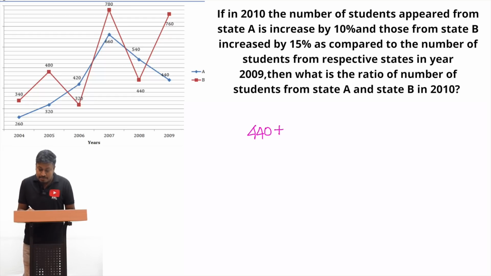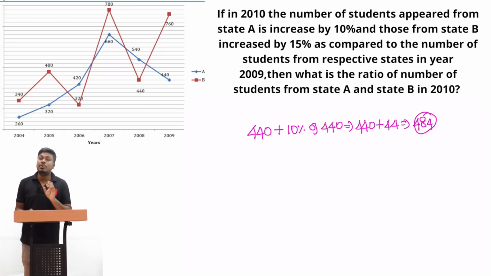Out of this, how much percentage increase? 10%. So 10% of 440 is 44. So the resultant will be 484, the total number of students in the year 2010, because of the 10% increase.